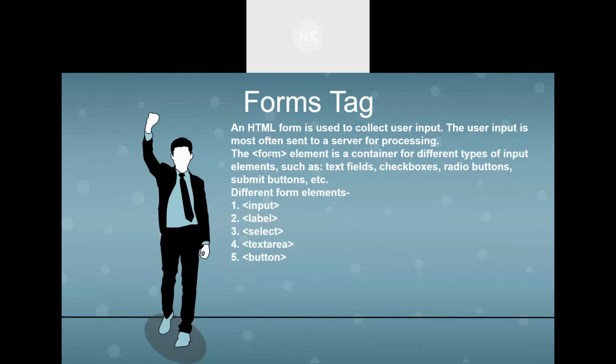The form element is a container for different types of input elements, such as text fields, checkboxes, radio buttons, etc. You can work without the form element also, but it'll make your form more organized. You can keep all the elements related to the form in one place so that you can manage it easily. Different form elements are input, label, select, text area, and button, which I'll guide you through now.